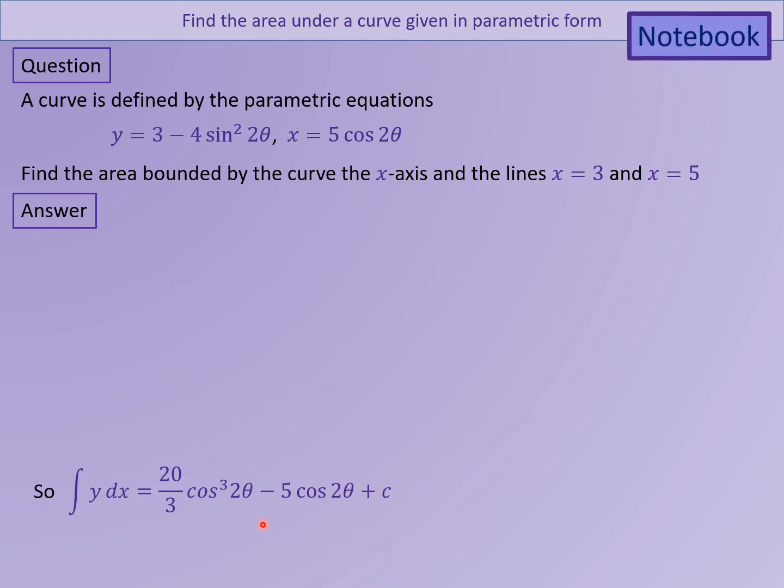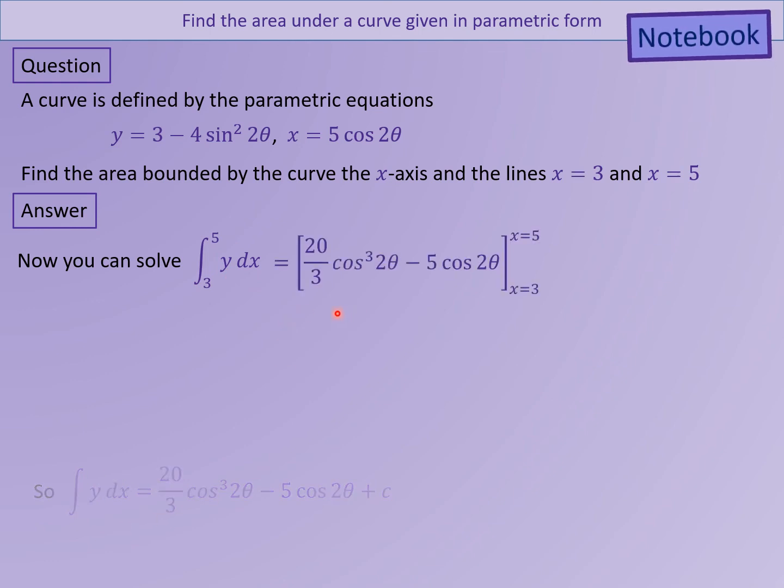So I've sorted out the integration, but now I can sort out this area part of the question. I've got the area between 3 and 5. I've already done the integral, so I know what the answer to that is. It's going to be all of that equation between 3 and 5. The c value's gone, of course. Be careful.